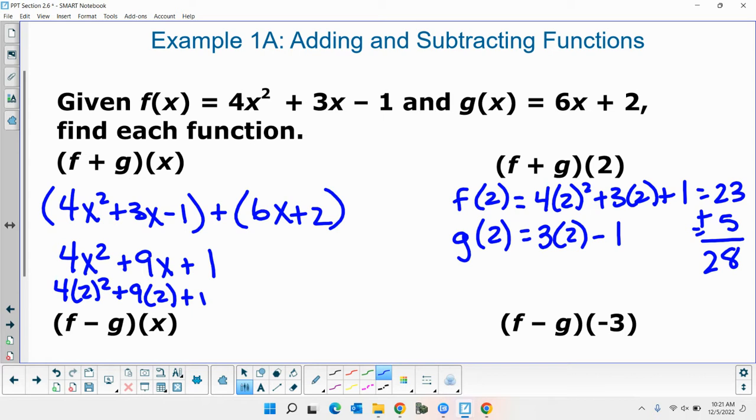Oh, why did I put -1? This is +2, right? So this is 8. So that's 31, right? That's still not going to give me the same answer, though, is it?